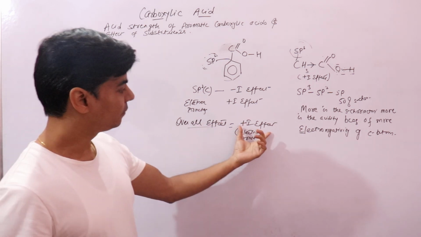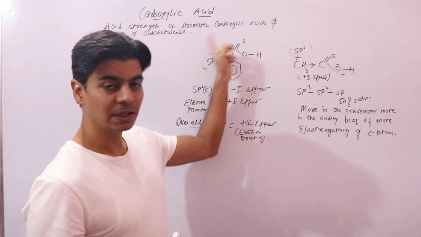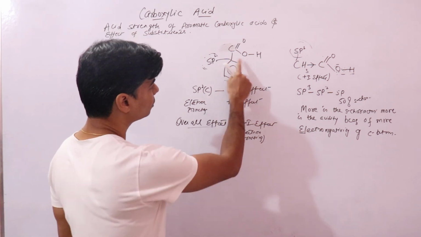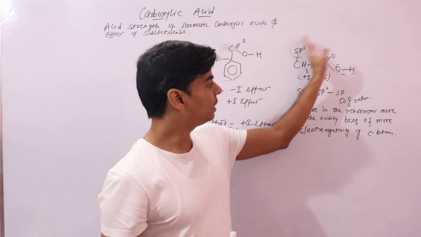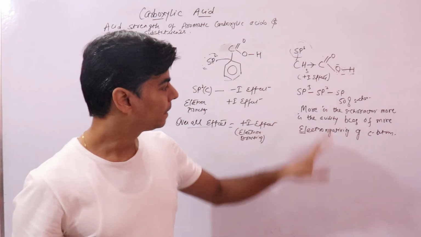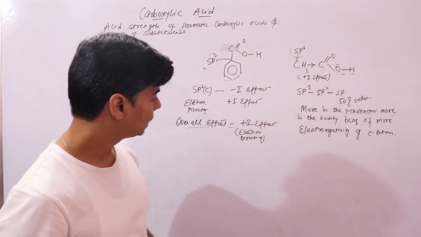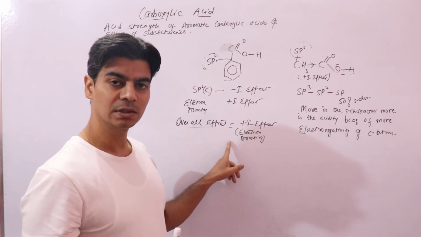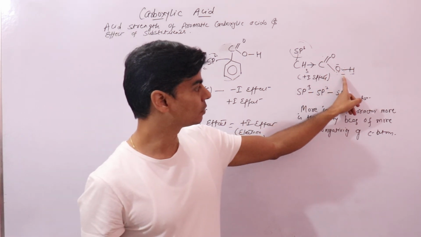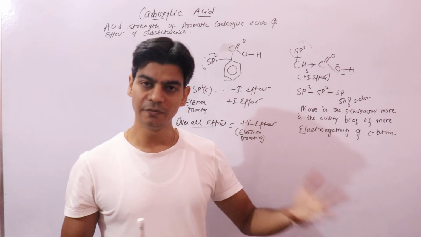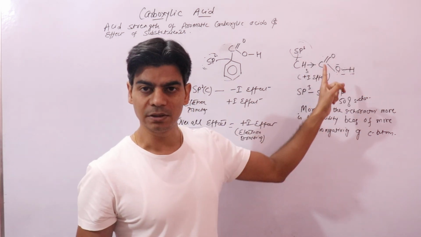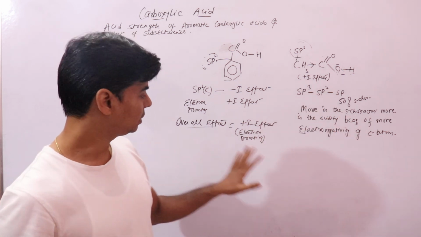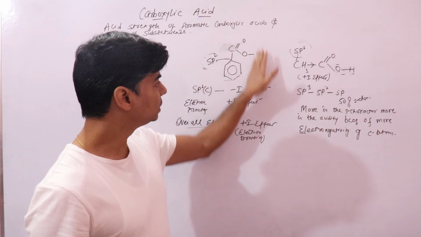But this plus I effect of benzene ring in benzoic acid is weaker than that of any of the alkyl groups in aliphatic acids, since this electron releasing effect, right, makes the release of this hydrogen atom difficult, and that will finally reduce the acidic strength, right? This effect is weaker in case of benzoic acids.